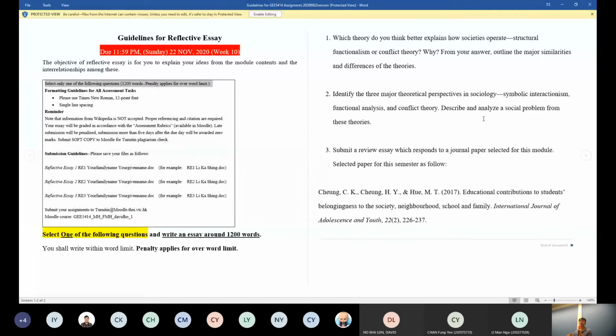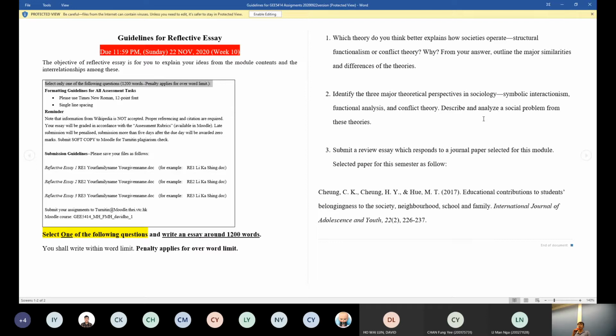To begin with, you have to pay attention to the number of questions. Very often, we encounter quite a number of people who submit all of the 3 questions altogether. Not a good practice and not necessary. You only have to pick any one question from the 3 questions provided, okay?